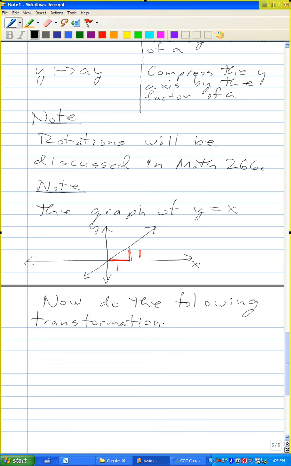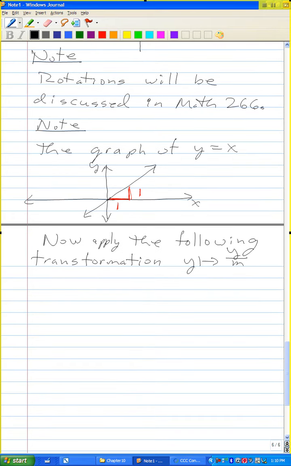Or apply the following transformation. Let's replace y by y over m. Okay.